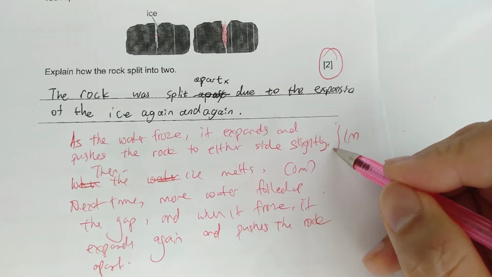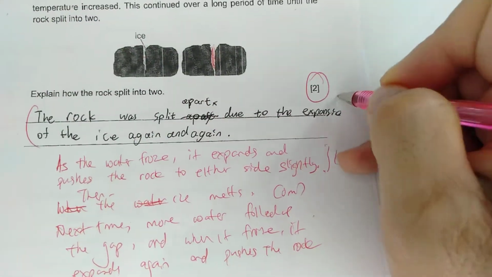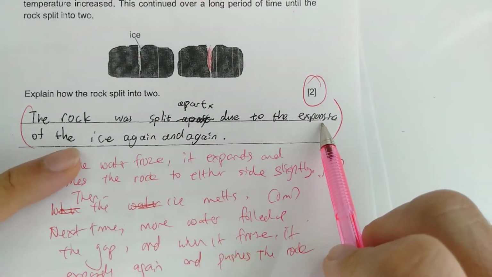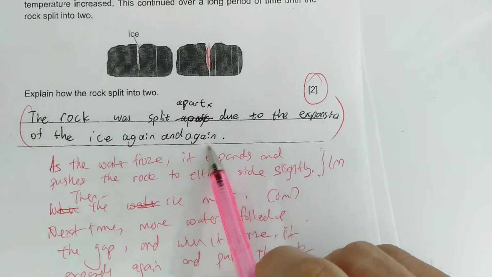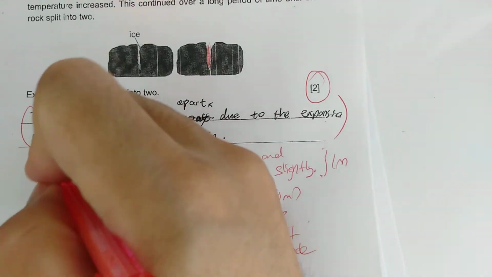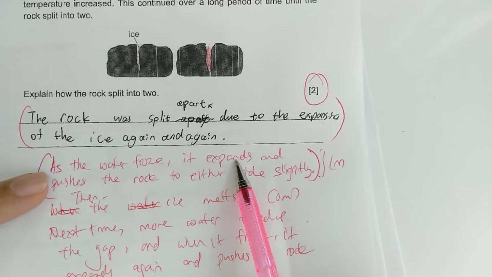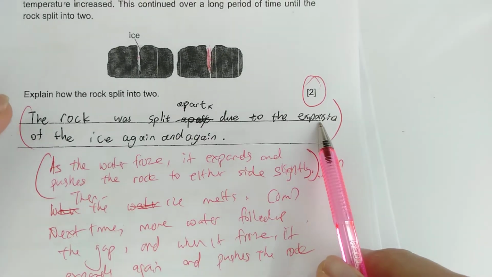Same concept as before. So I think this answer is very good because it talks about expansion of ice again and again. What is the difference between that answer and this answer? This one talks about water freezing and expanding. Alright, expansion of ice again and again.